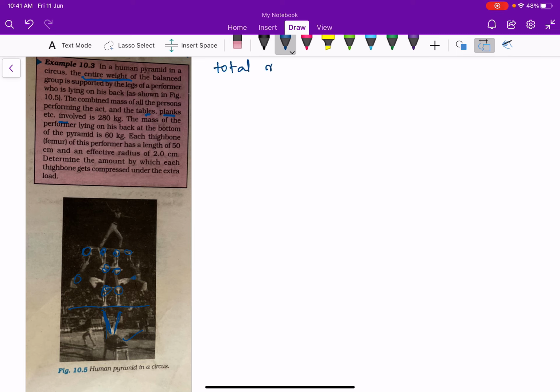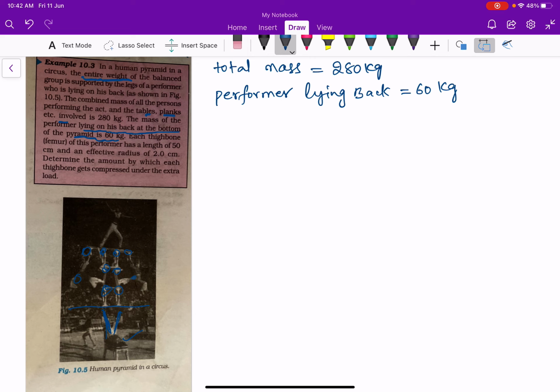The mass of the performer lying on his back at the bottom of the pyramid is 60 kg. So the net mass is equal to 280 kg minus 60 kg, which is equal to 220 kg.